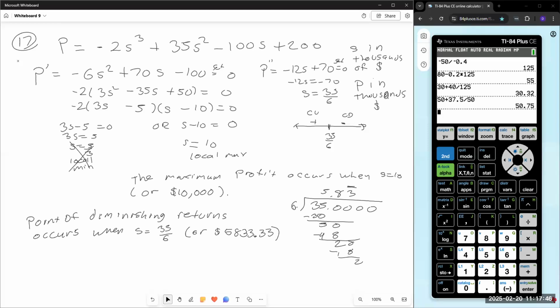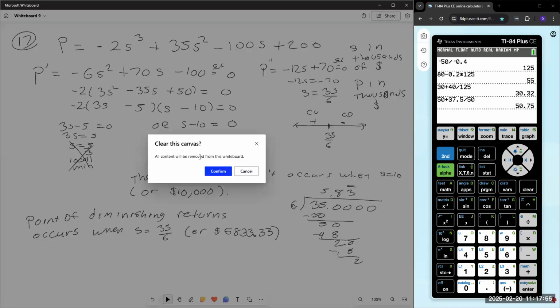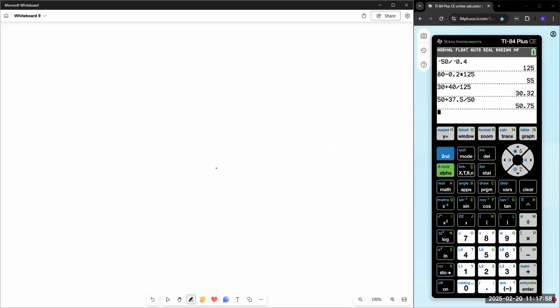So let's go ahead and work on number 18 next, which is another similar problem with money spent on advertising. We want to find the amount that we spend on advertising that maximizes profit. We also want to find the point of diminishing returns. So our profit function is negative 0.1s to the third plus 6s squared plus 400.